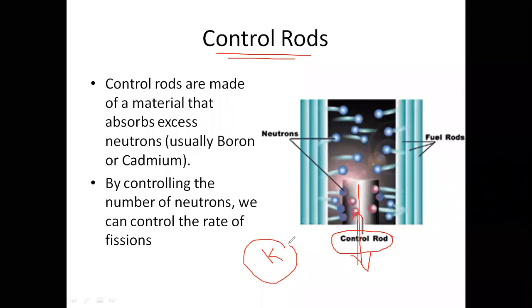If the control rod is fully inserted, the fission is absorbed and only a few neutrons are released, so the K factor is less than unity. Whenever the control rod is pulled out, more fission occurs and power generation is maximum. The K factor is greater than unity.